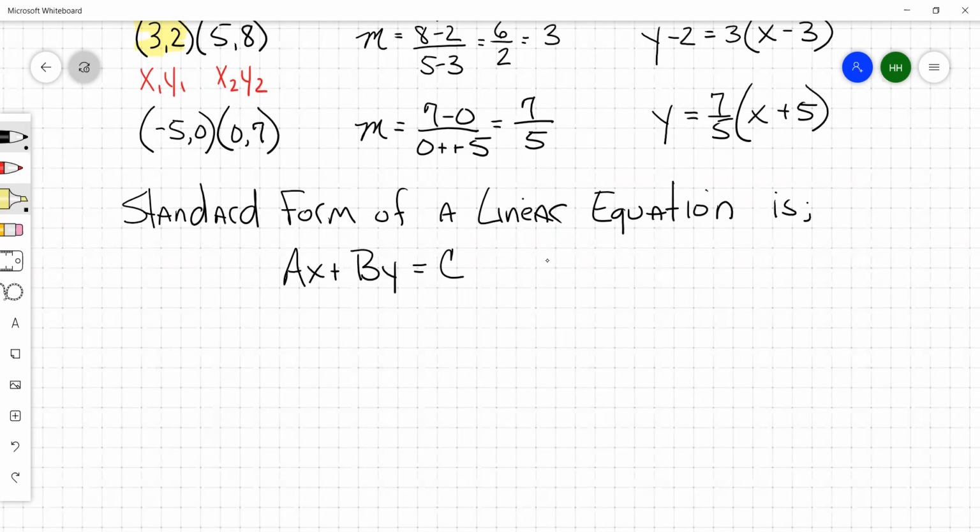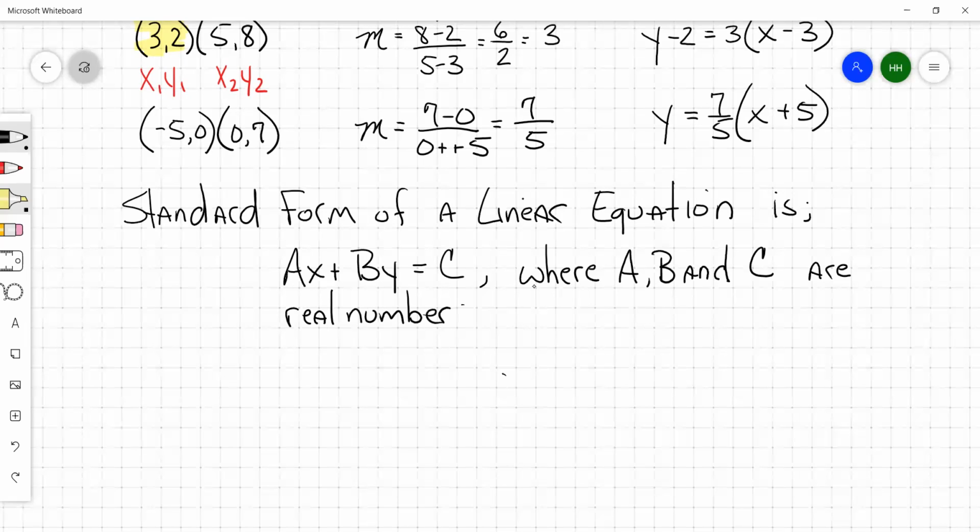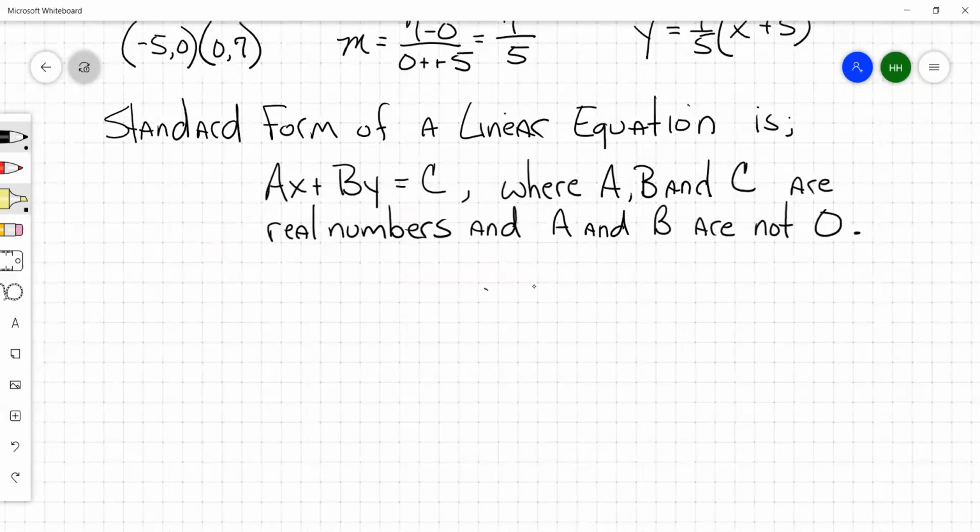And this is where a, b, and c are real numbers, and a and b are not 0.